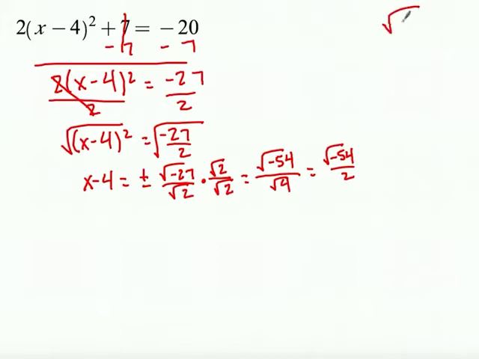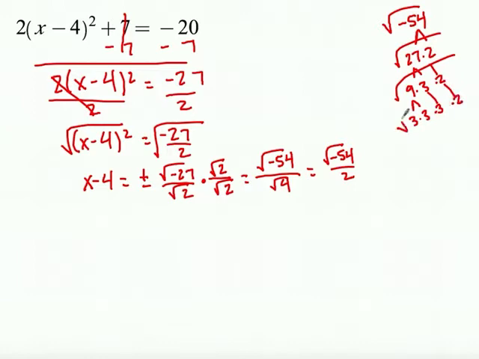54 is not a perfect square, but I can break it down. 27 times 2 would give me 54. Then I can break 27 down to 9 times 3, bring down that 2. I can break 9 down to 3 times 3, bring down that 3, and bring down that 2.